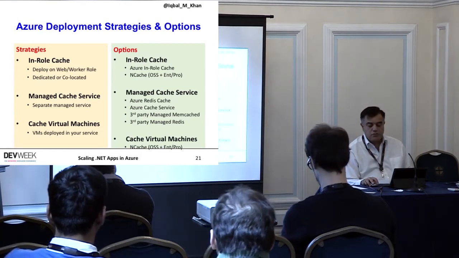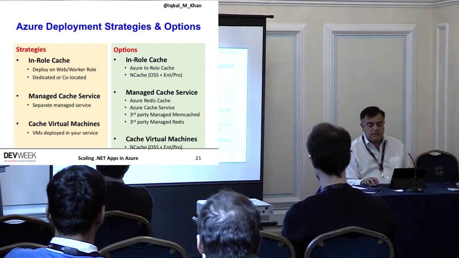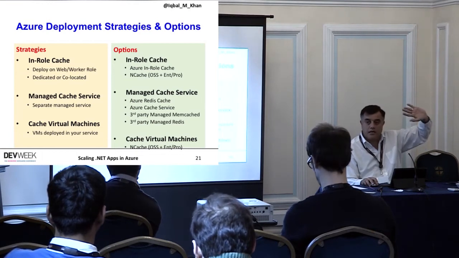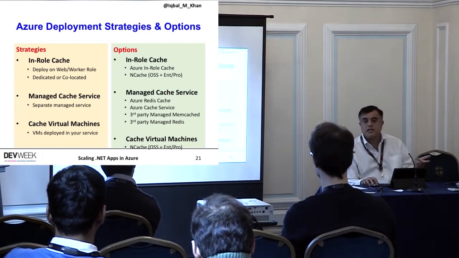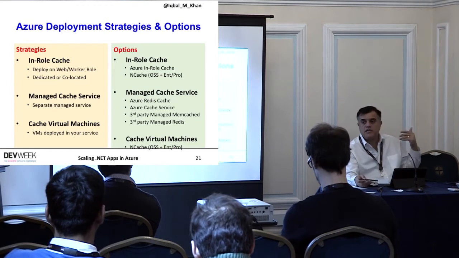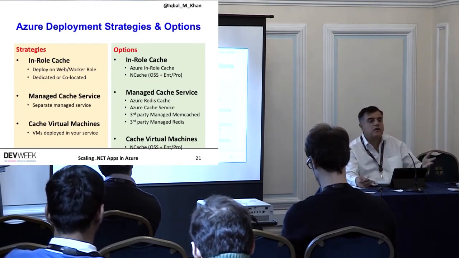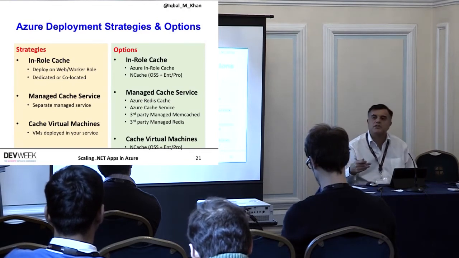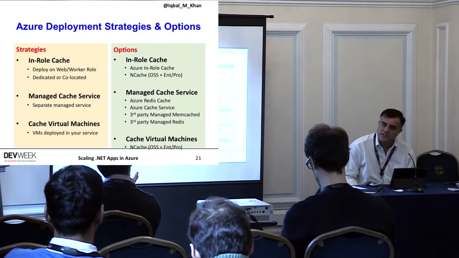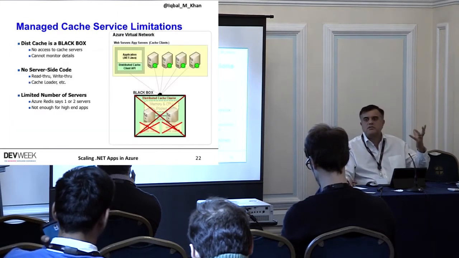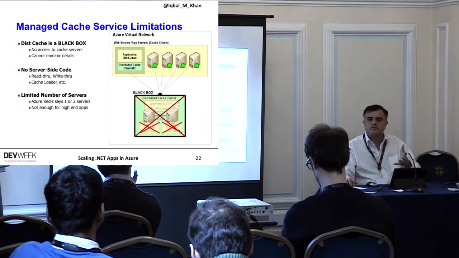And the cache virtual machines is the only option, from what is there on Azure, that is NCache. You could take your own, let's say, App Fabric or Memcached and install it yourself on these virtual machines. So technically, you can deploy a distributed cache on a virtual machine. Any on-premise distributed cache can be deployed on a virtual machine.